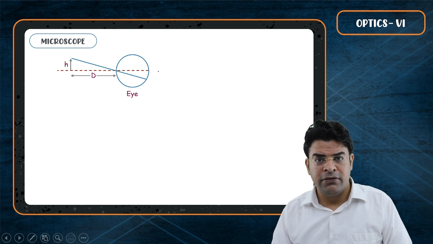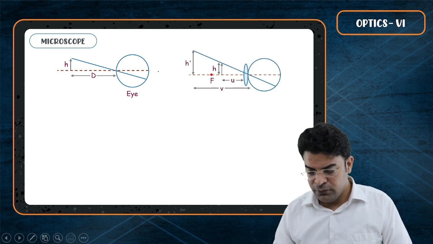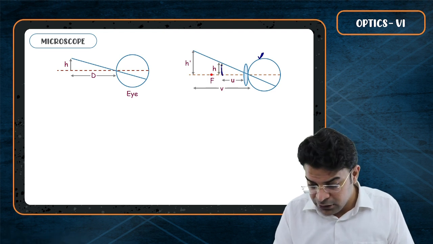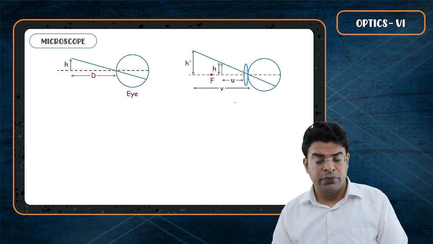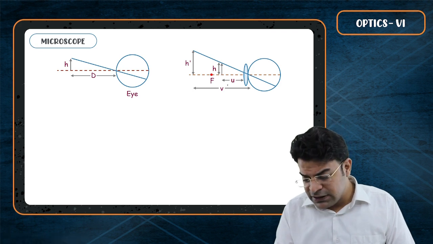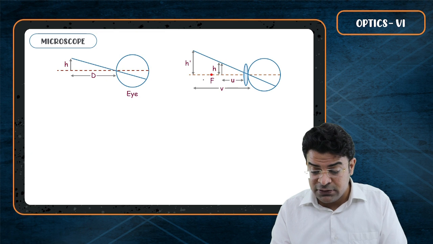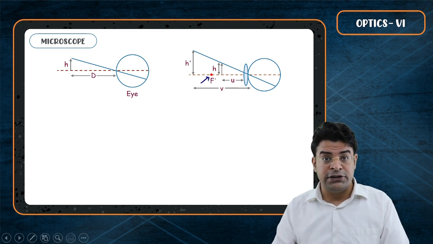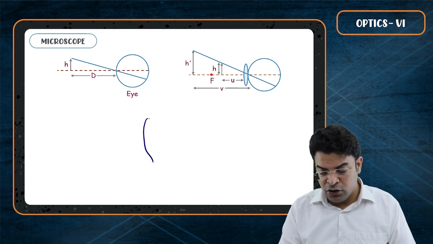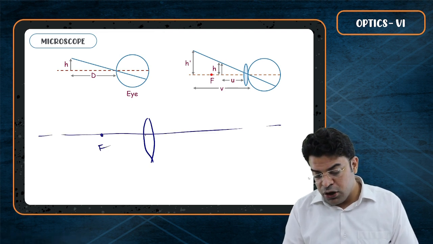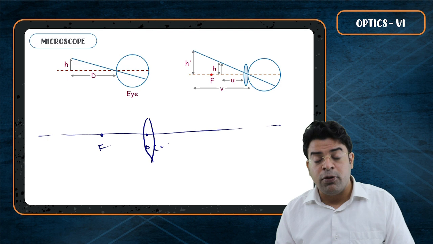Now, let's say we have used a lens. Our eye is now looking at the object using the lens. If the object is placed at some distance u from the lens such that the object is placed within the focus of the lens, if you have got a convex lens, and you place the object between focus and optical center, which type of image do you get?